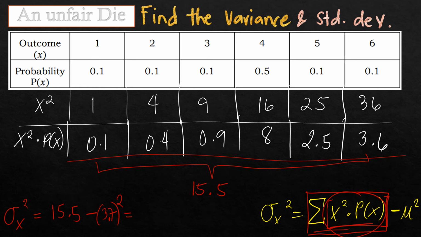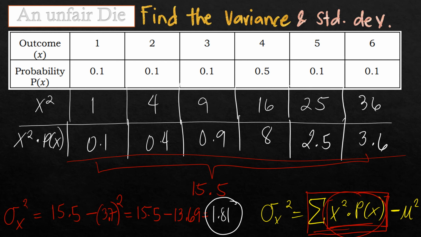So solving, we have 15.5 minus 13.69, which is equal to 1.81. So this is our variance.